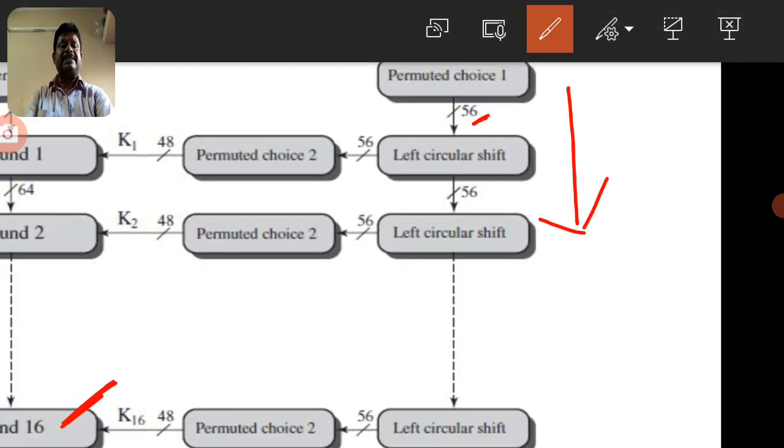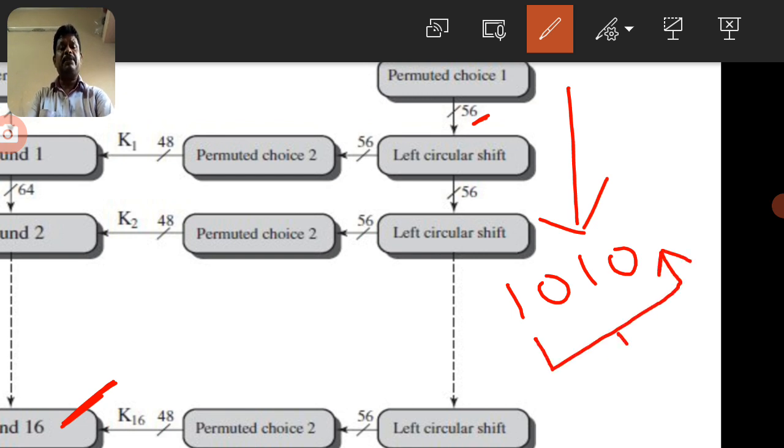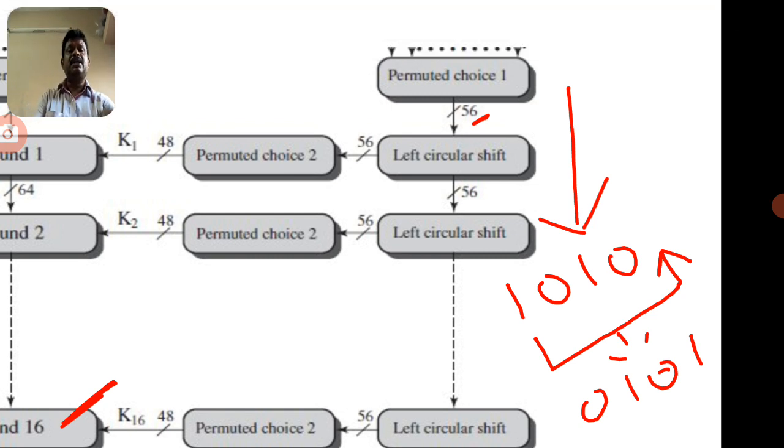Suppose for example 1010 is the bit string. What does the left shift operation do? The left side bit is added to the right side. So the data becomes 0101 when we consider the left shift operation. Similarly, the left circular shift operation is applied and we can shift some number of bits to the right side.